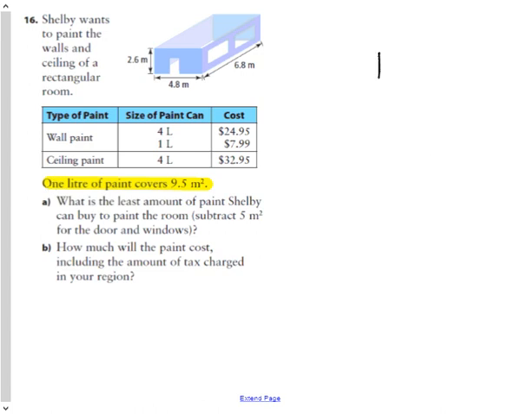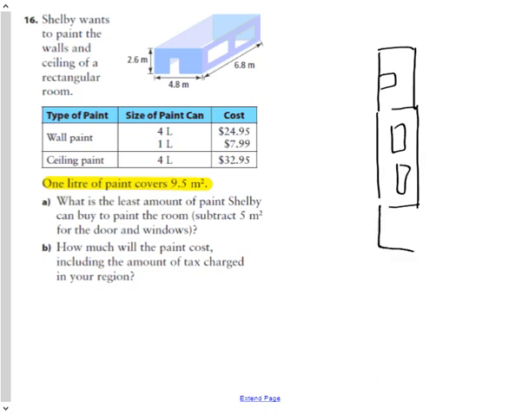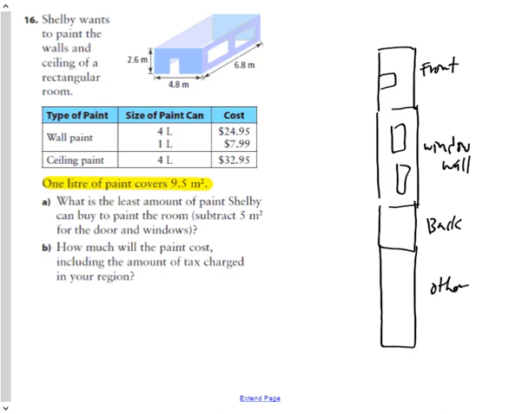So if I open this up, I would have this one here as being the front. This one here as being the side wall. This one here as being the back wall. And this one here being the one across from them. So if I broke down the walls, this being the front, this being that window wall, this being the back wall, and this being the other one, we can kind of get an idea for our net.